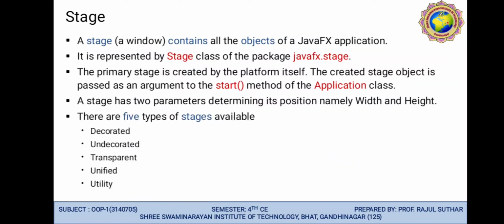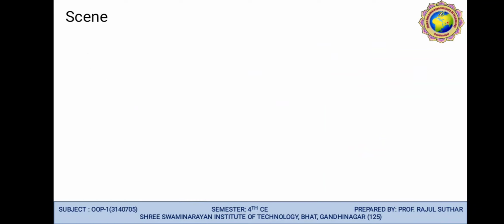There are five types of stage available: decorated, undecorated, transparent, unified and utility. How to create a stage we will discuss in the practical session. You have to call the show method to display the content of a stage.